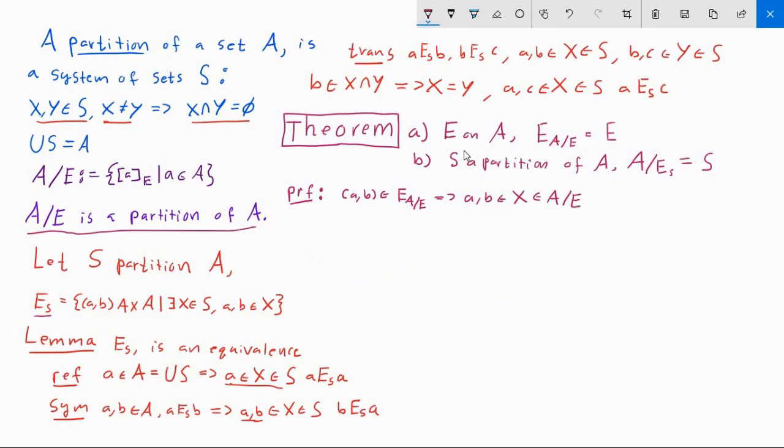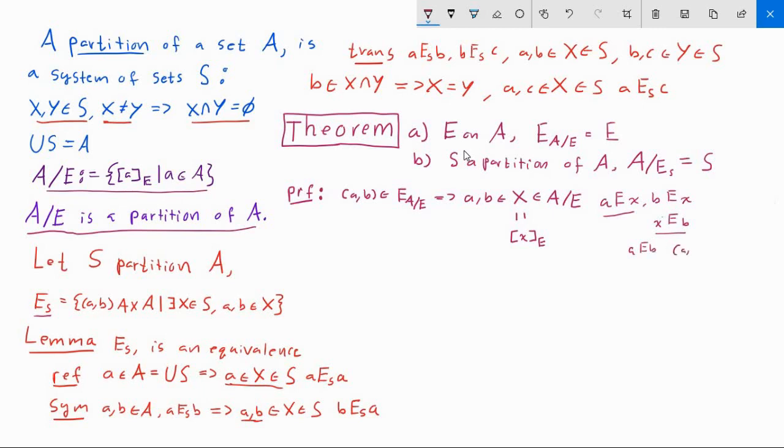But from our definition of A mod E, we know it's simply made out of equivalence classes. Therefore, for our set X, a is related through E to x, b is related through E to x, which by the symmetry property tells us that x is related through E to b, and then combining a related to x and x related to b using transitivity, we have that a is related to b.